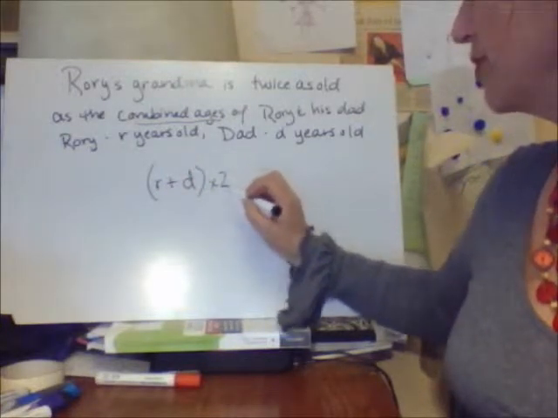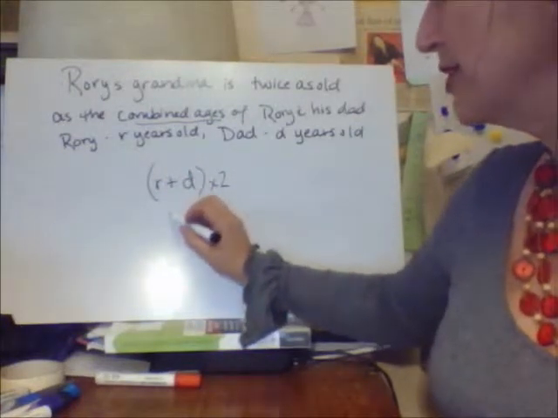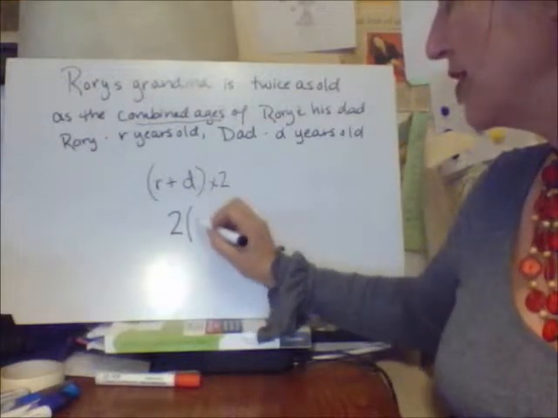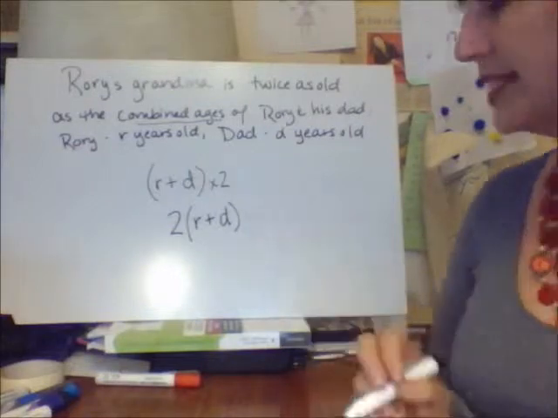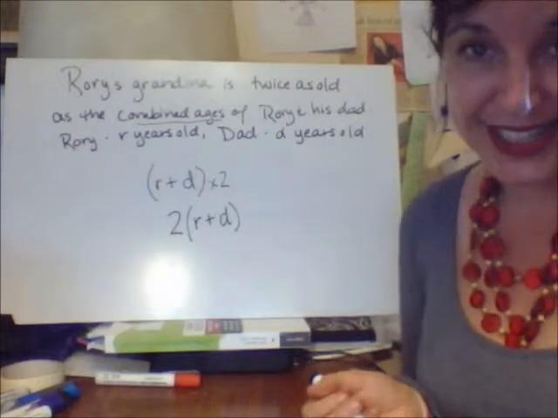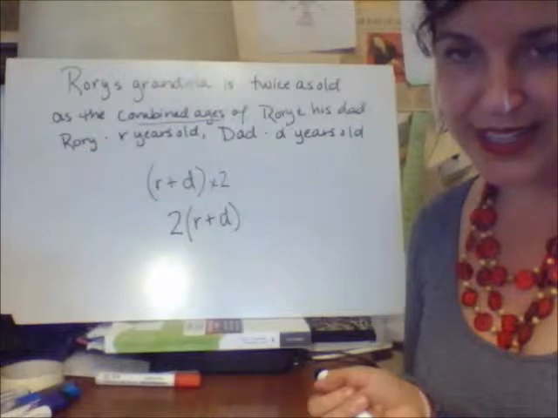Times 2. You can also say it like this, since you've got the brackets around it. You can just say 2 of these, 2(R + D). And that's how you say grandma's age, 2(R + D), however old grandma is.